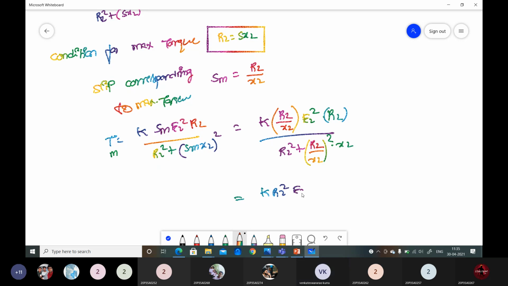So K R2 square E2 square by, taking the LCM X2 square, we cancel this X2 and this X2 square, and we get only X2 in the denominator: R2 square X2 plus R2 square.